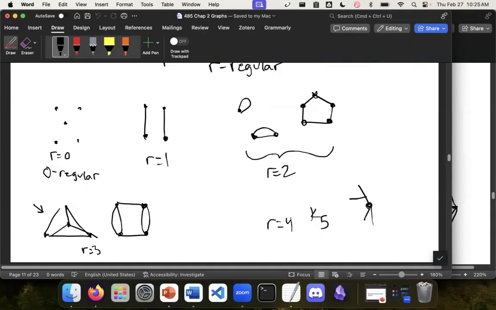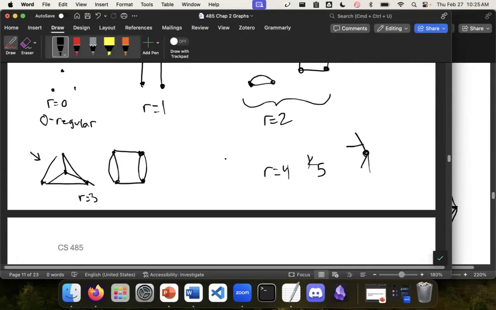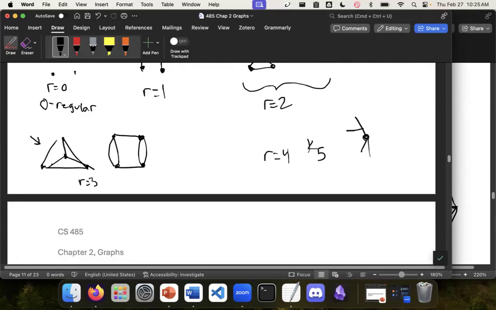Also the case for this pair of vertices with 2 edges between them. 3 regular graphs, and I didn't feel like drawing the 4 regular graph, but we'll get to K5 in a minute, and that's a 4 regular graph.